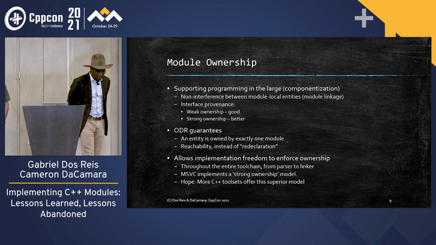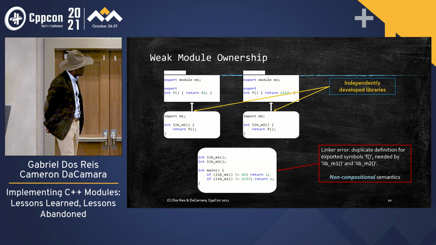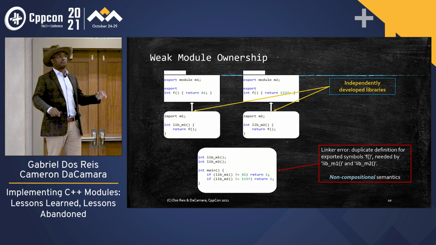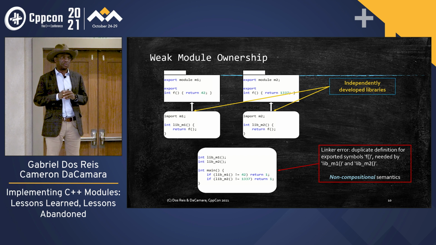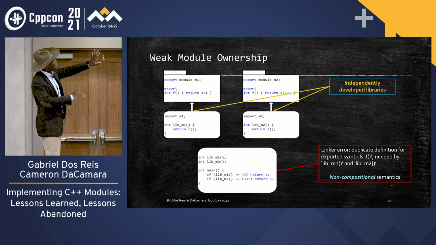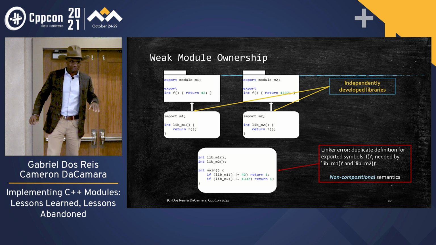So I'm going to show you an example of a situation where you have the notion of module ownership, where compilers are actually doing a great job. So imagine you have two components, M1 and M2, right?